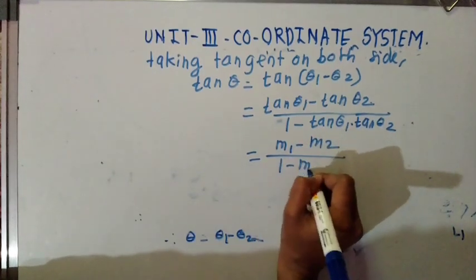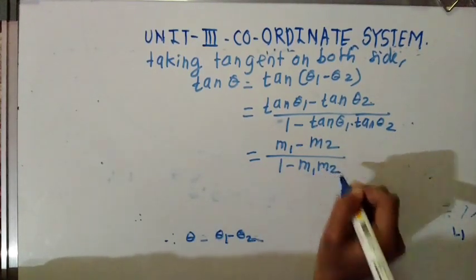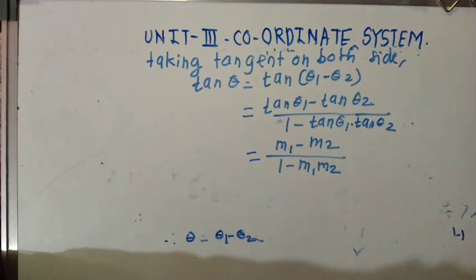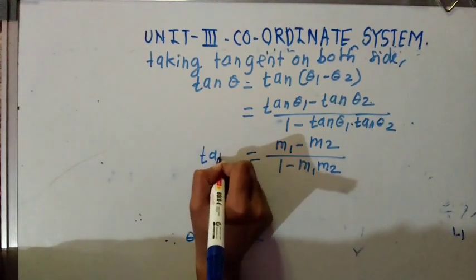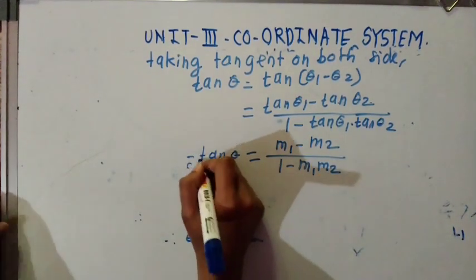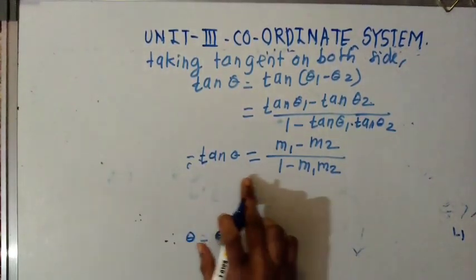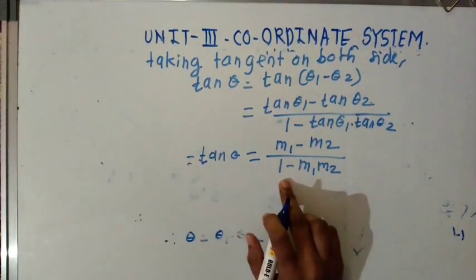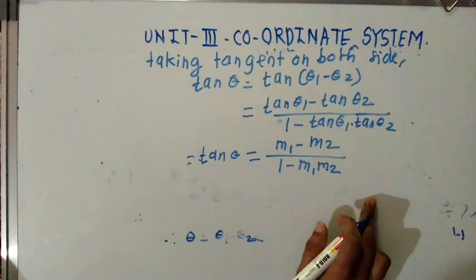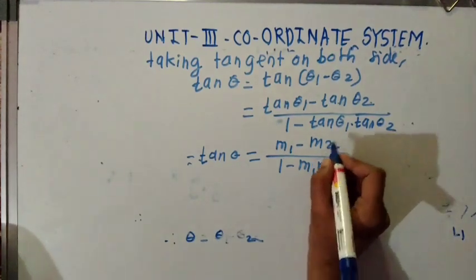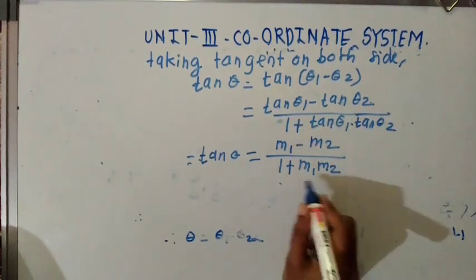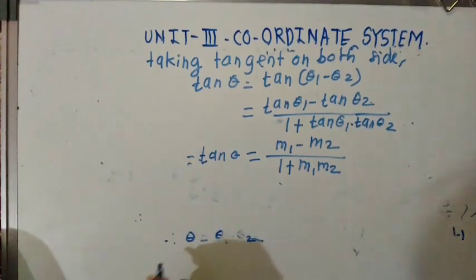Hence we get tan theta is equal to m1 minus m2 upon 1 plus m1 into m2.